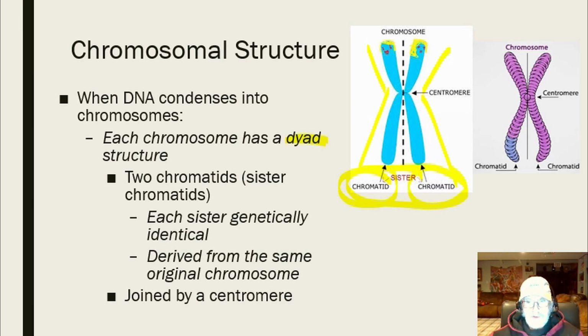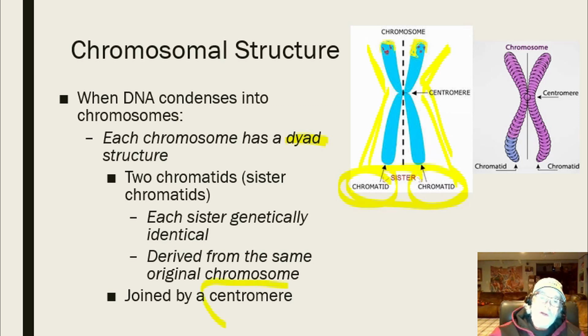When they come together in this X shape, what you see over here is what you see over here, the same thing. The reason is that they came from the same original chromosome. The same original chromosome in replication created two sister chromatids, and they finally come together.